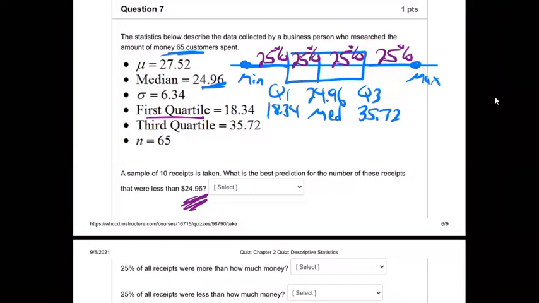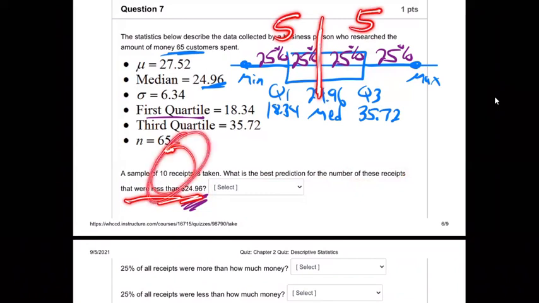Now, if you take 10 receipts, what is the best prediction for the number of these receipts that were less than 24.96? Well, 24.96 is the middle. So if you just grab 10 receipts at random, how many are going to be below the middle? Well, probably about 5, and there'd be 5 above. I mean, who knows? It's random.